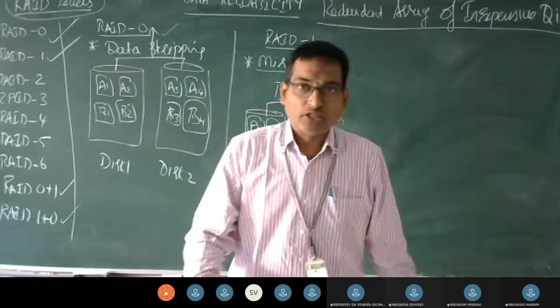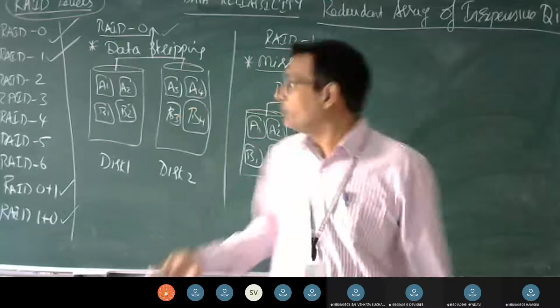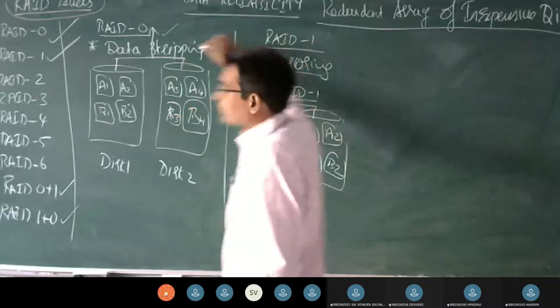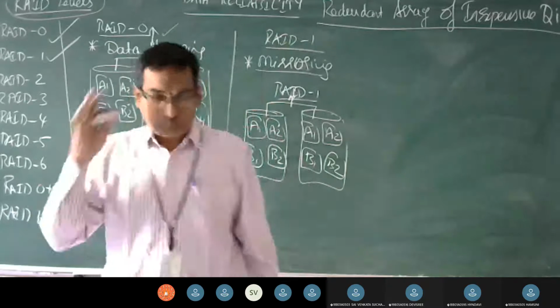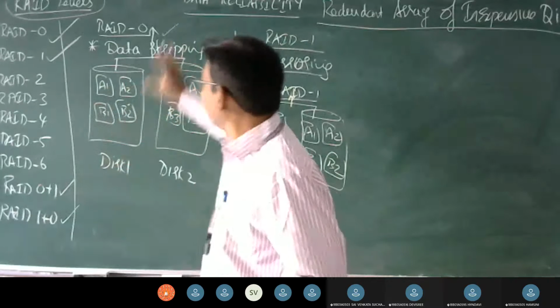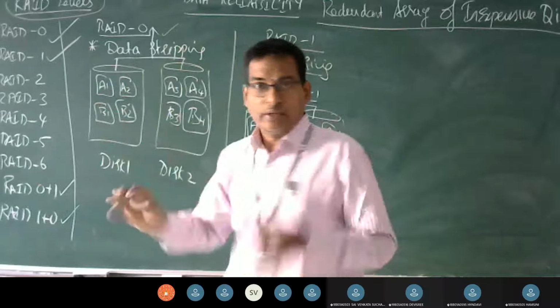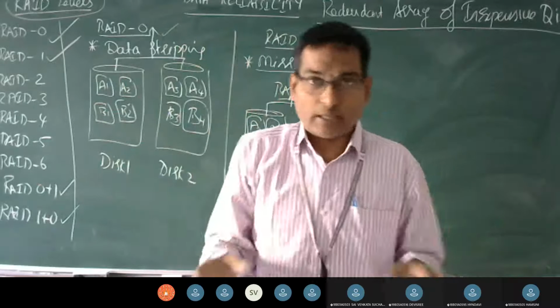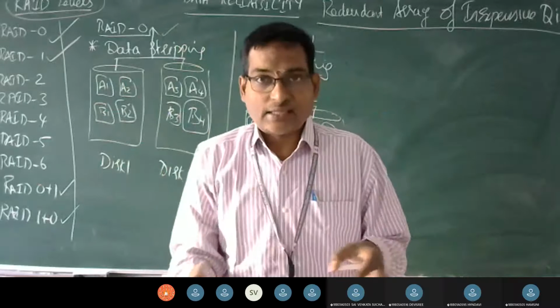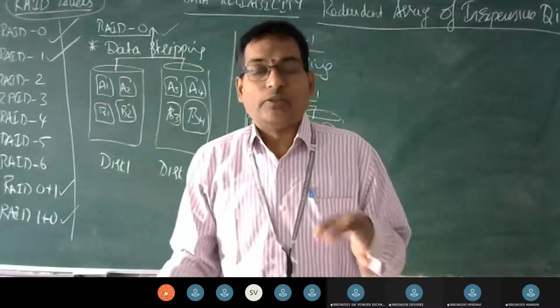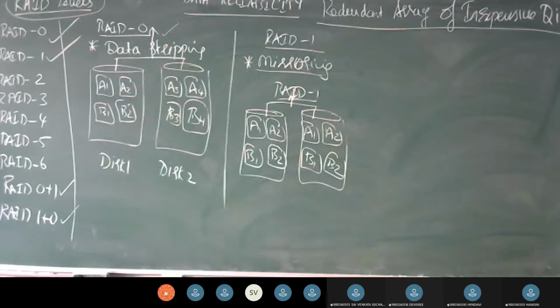If it is 1 plus 0, then it is a combination of mirroring and data striping. In one concept, it is striping plus mirroring, organized in parallel, and in the other concept, it is mirroring followed by data striping. So these are the four major aspects in this RAID level.